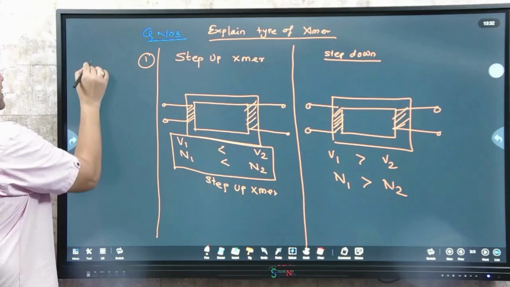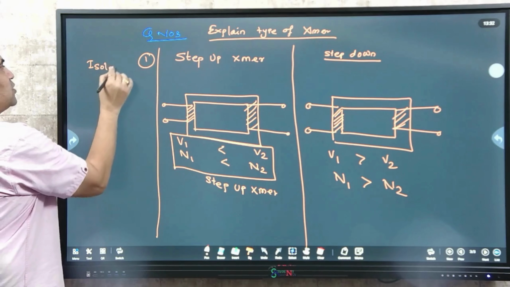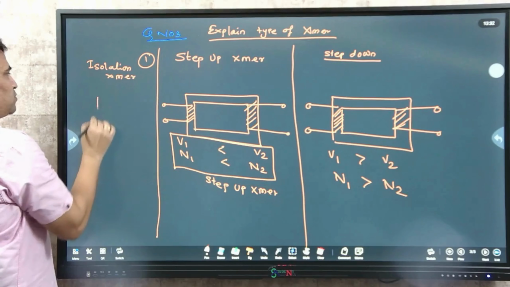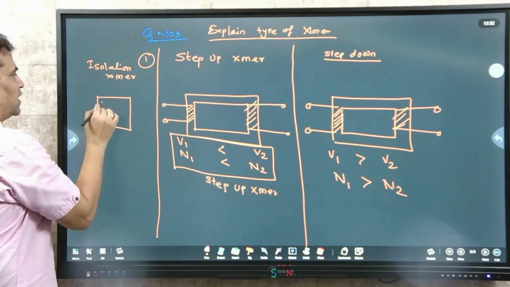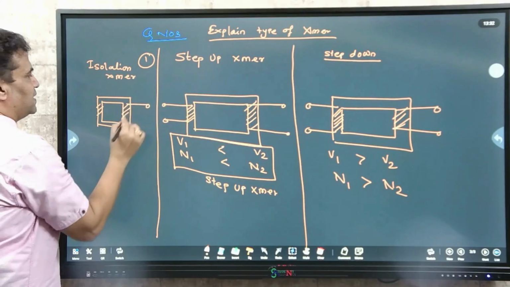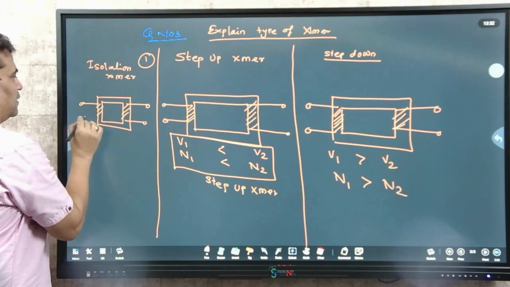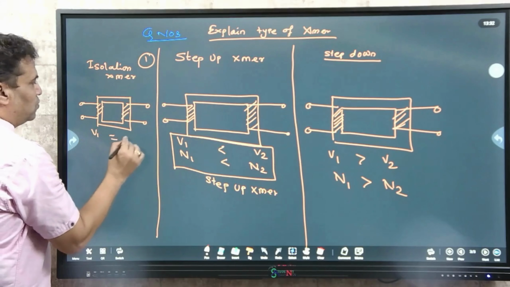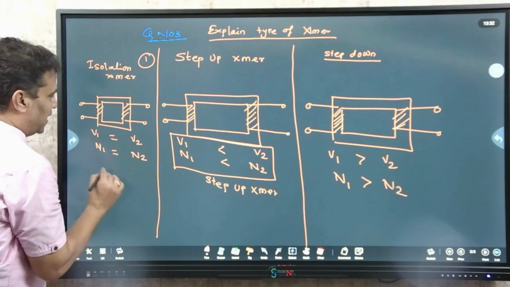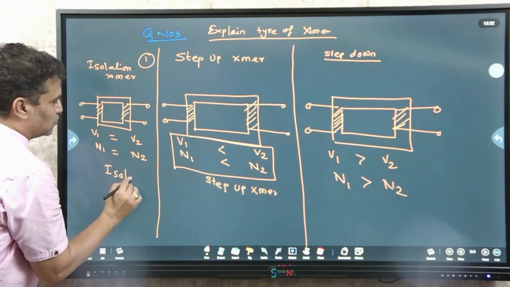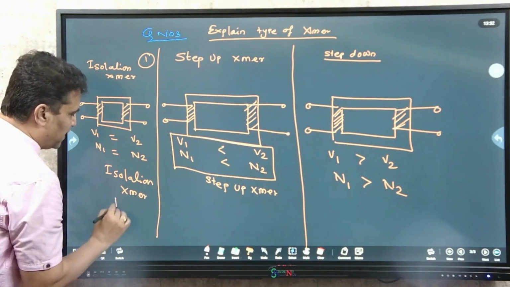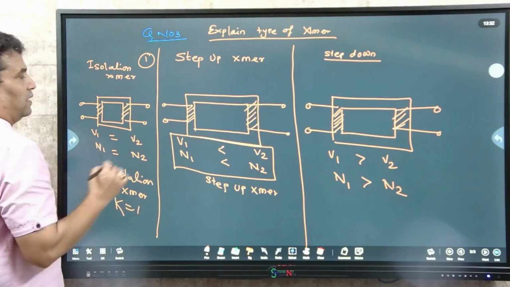Another category is called the isolation transformer. In an isolation transformer, what will happen exactly? Both the turns are the same, that is primary turns as well as secondary turns remain the same. Meaning your V1 equals V2, N1 equals N2, and such a transformer is called an isolation transformer. So the third category will be the isolation transformer. In an isolation transformer K always remains equal to 1.